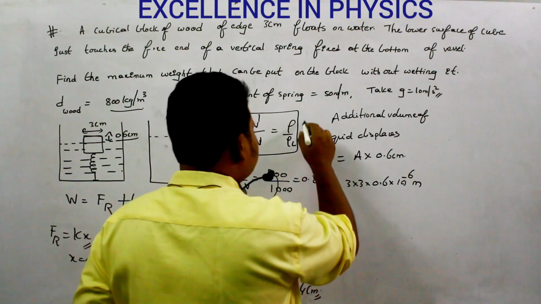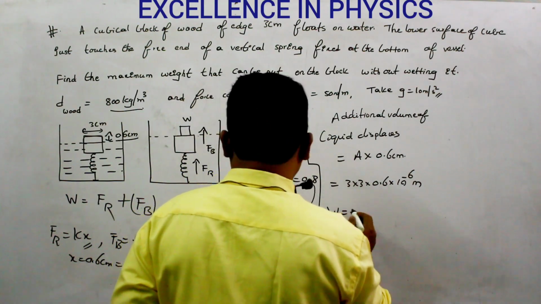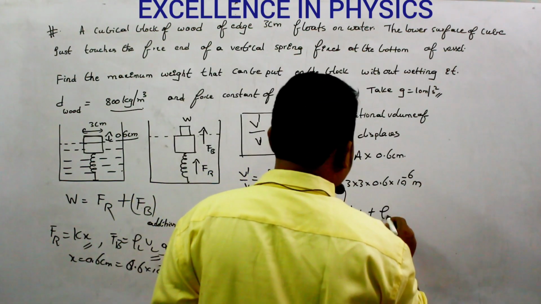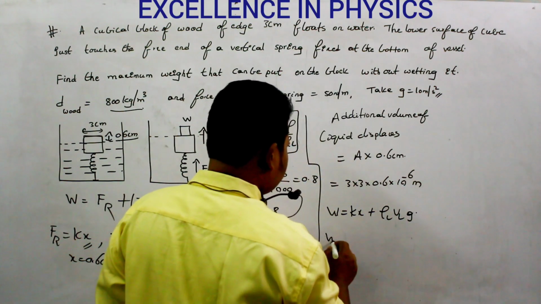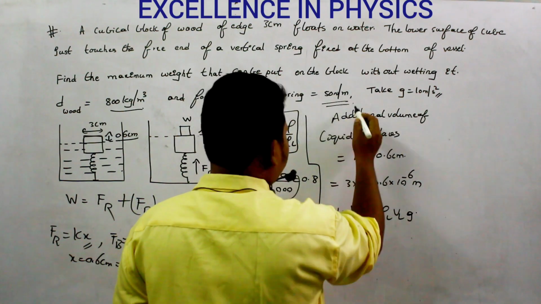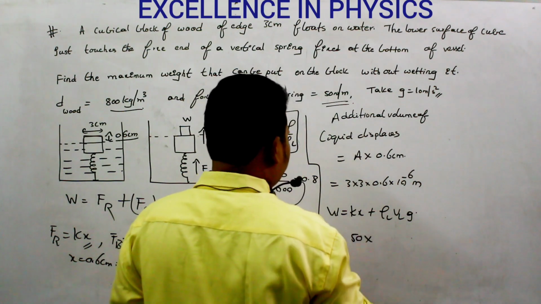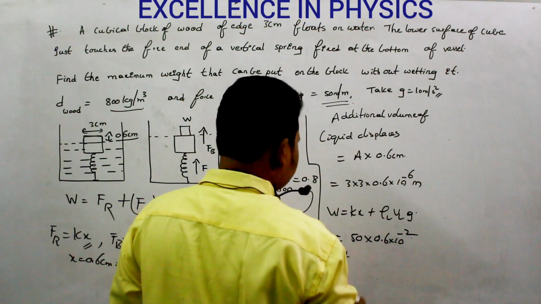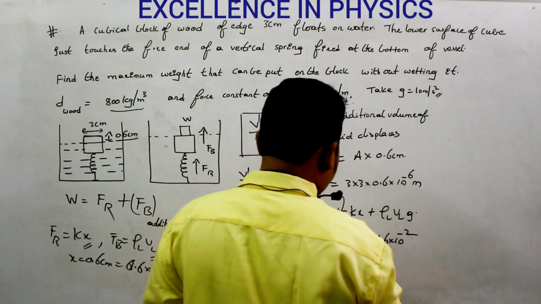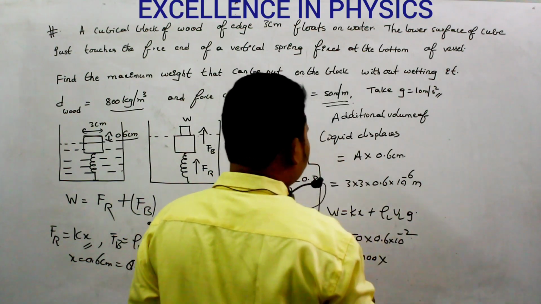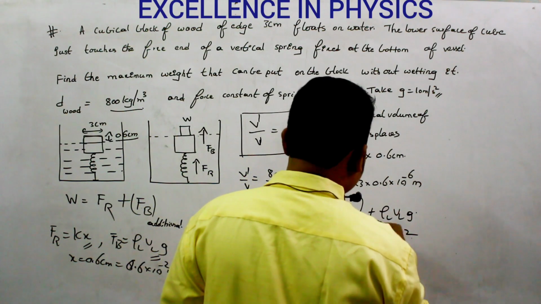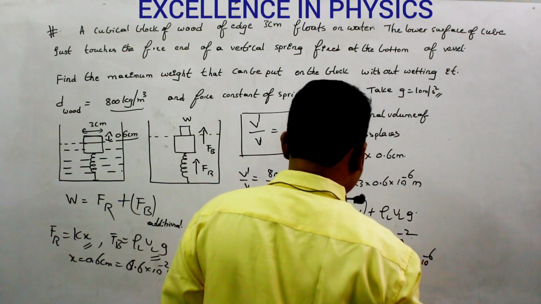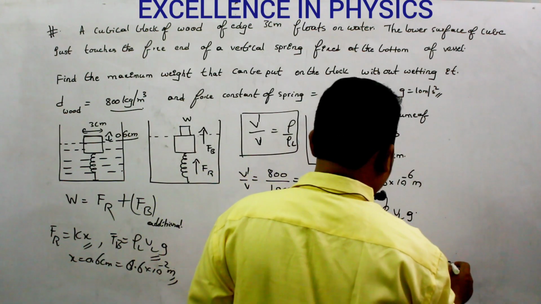W is equal to the restoring force Kx plus the force of buoyancy rho L VL into G. So W is equal to K, which is given as 50 Newton per meter, so 50 into the x value 0.6 into 10 power minus 2, plus the density of liquid, which is 1000, and the volume of liquid displaced, which is 9 into 0.6 into 10 power minus 6, multiplied by the G value, which is 10.